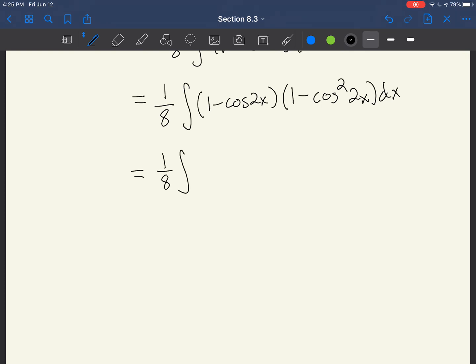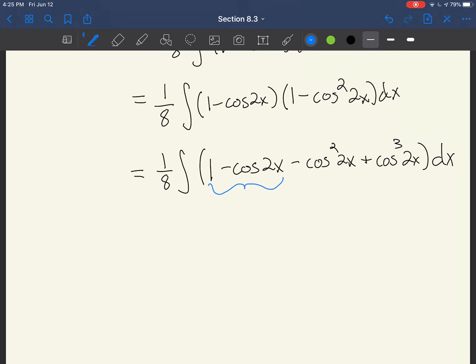Okay, that's 1/8 integral of 1 minus cosine 2x minus cosine squared 2x plus cosine cubed 2x dx. Okay, now we need to integrate this.